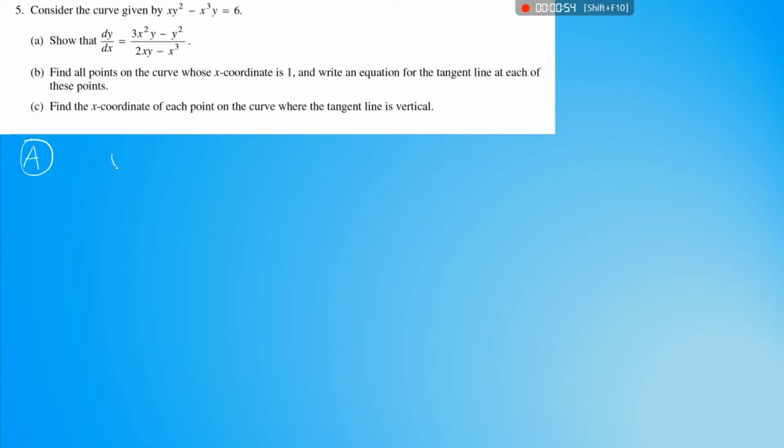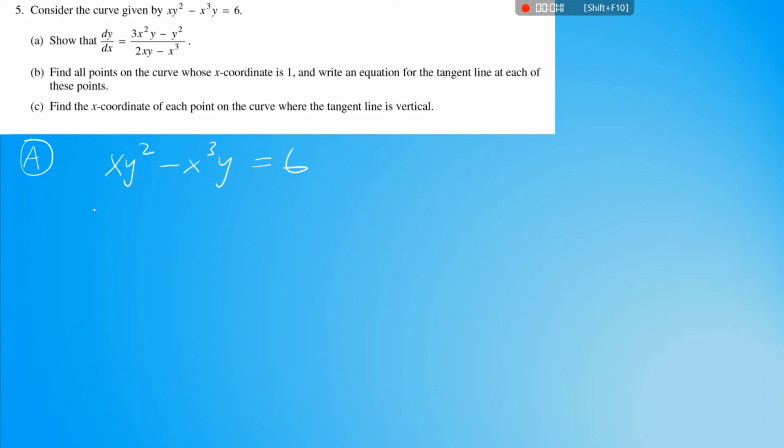So here's my original function. What will happen when I derive? So we derive, this is what was it, chain?